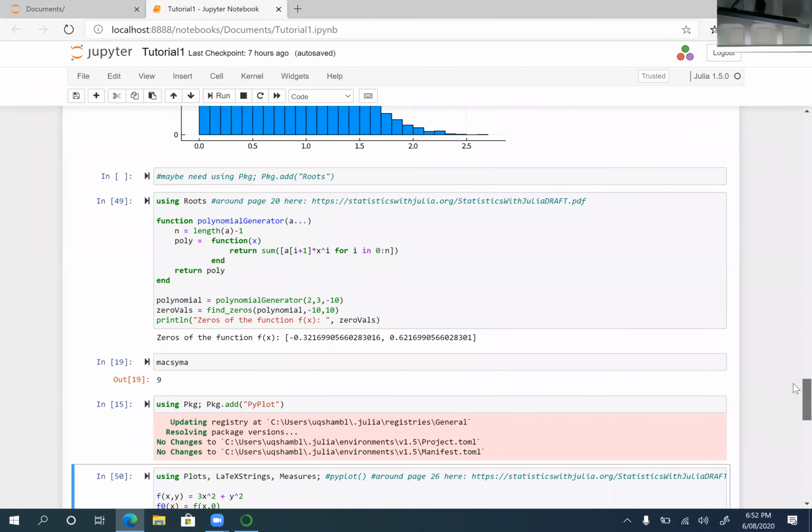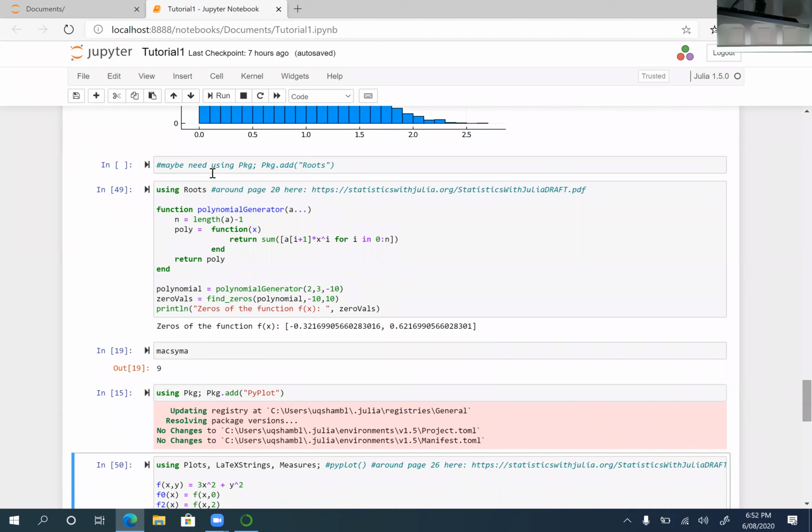Yeah, for example, this, where Yoni says maybe need using Pkg semicolon Pkg.add. So I did that through Julia itself. I opened up Julia, and then I typed the relevant commands into there, and then in here I had to say that I was using the particular thing. All right, so that does take a little while. It's a little bit frustrating, but after that, hopefully things are easy.